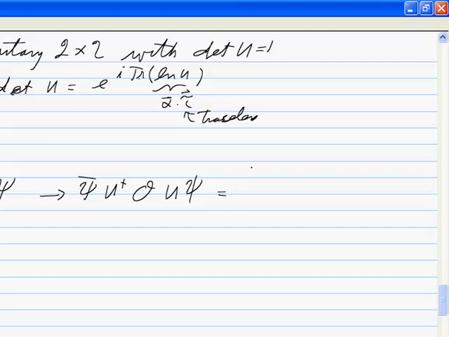So this is an invariant if O is equal to 1, the 2-by-2 unit matrix.